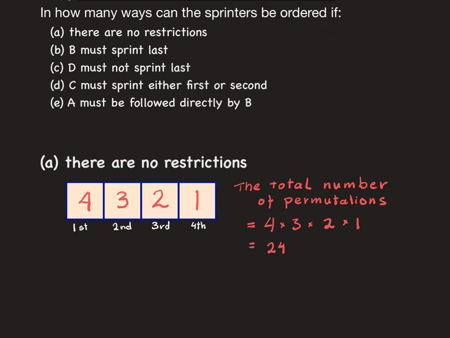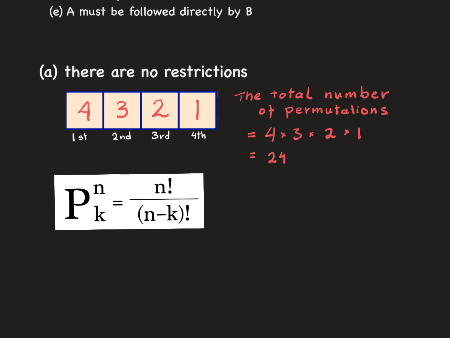In general, when there are no restrictions, we can use a formula. This formula can be used to calculate the number of permutations, where n in this case is the number of sprinters, so I'll just write sprinters here. And k refers to the number of positions.